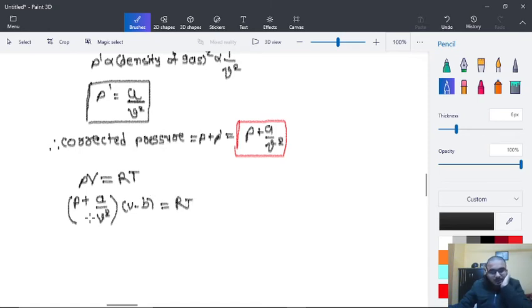And we can also write down this in another form, that pressure P is equal to RT divided by V minus B minus A by V square is the final equation.